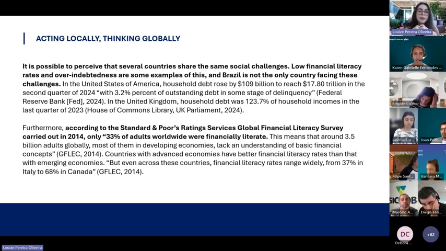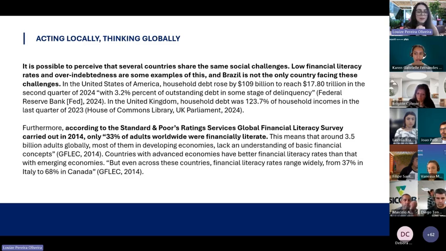Even countries with advanced economies have low rates of financial literacy for their population. For example, Italy with 37% and Canada with 68%. So everybody has work to do.